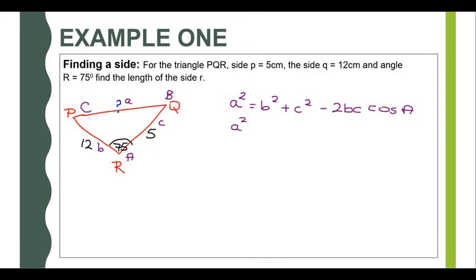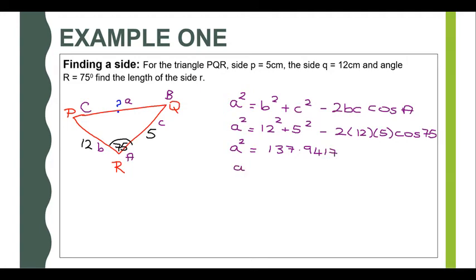So A squared is equal to 12 squared plus 5 squared minus 2 times 12 times 5 cos of our angle A, which is 75. We then need to substitute everything into our calculator, and we get A squared is equal to 137.9417. So to find A, we need to do the square root.